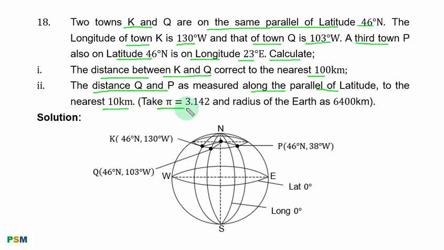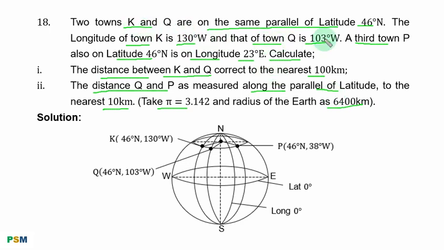Take pi equal to 3.142 and radius of the earth as 6,400 kilometers. You simply mash the various points together.